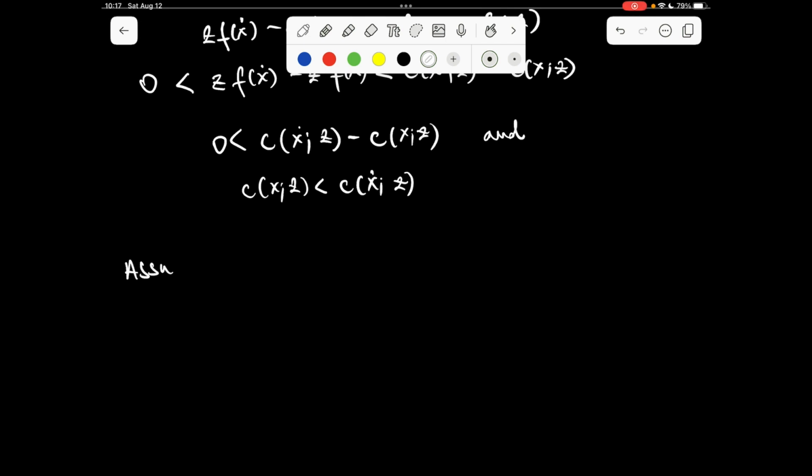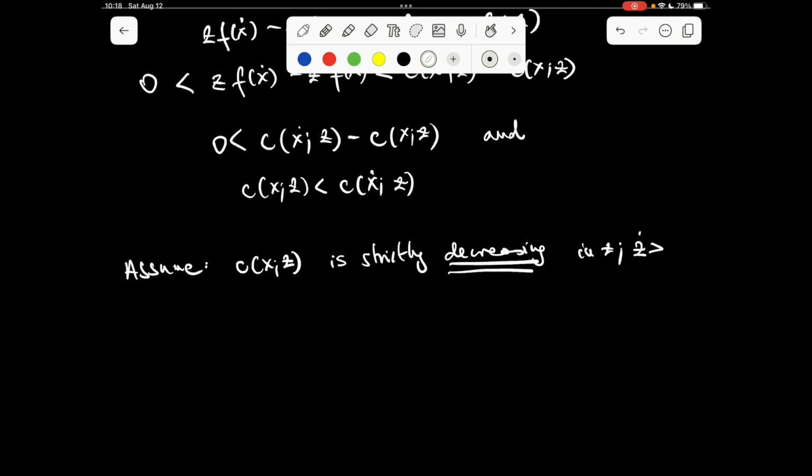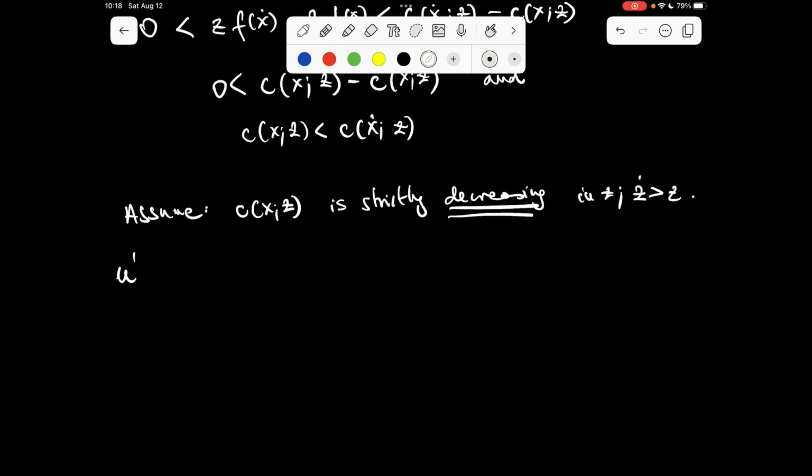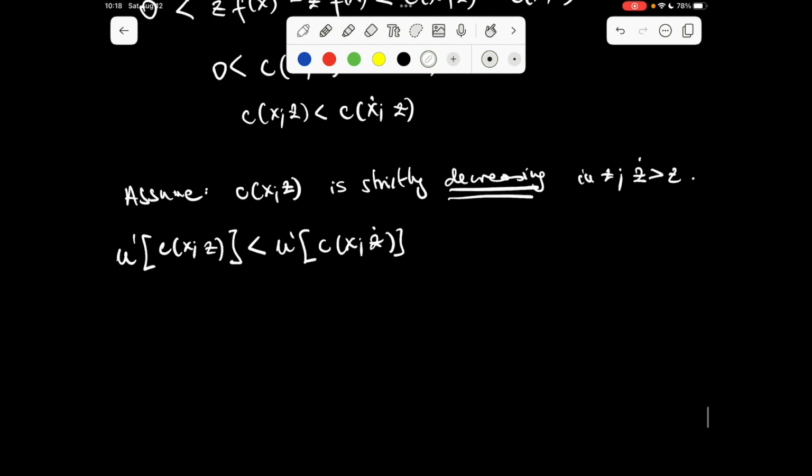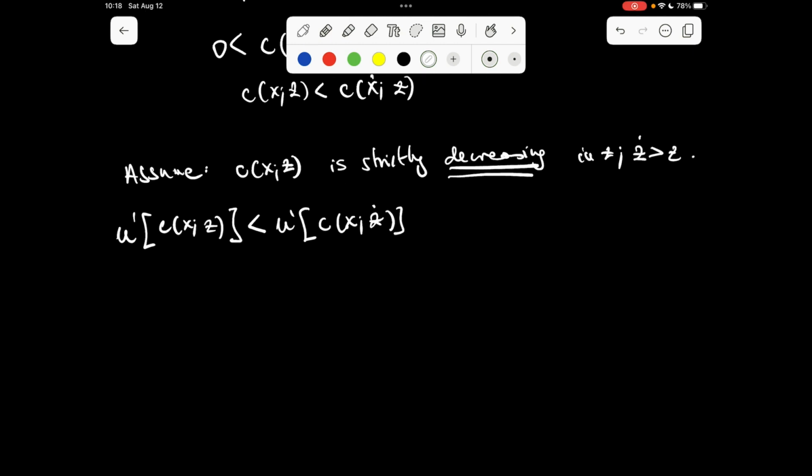Let's assume that consumption function C is strictly decreasing in Z, and let Z dot be higher than Z. Now, by turning to the marginal utility function, we can say that this relation holds because we have just assumed that consumption function is strictly decreasing in Z.